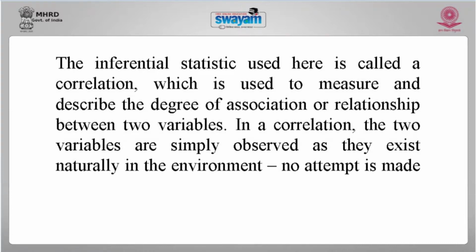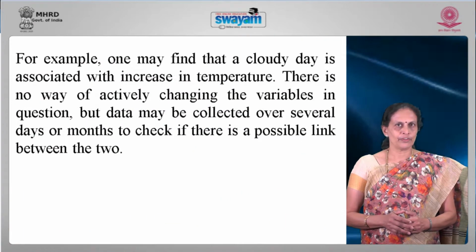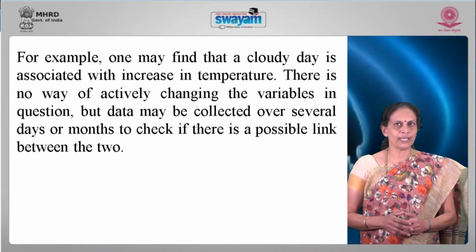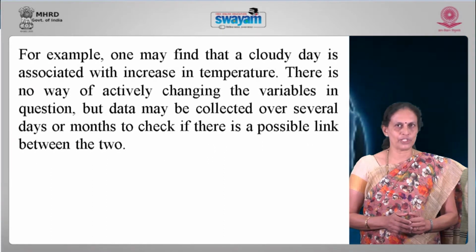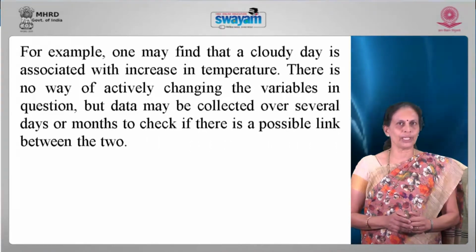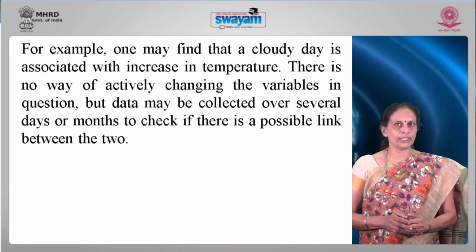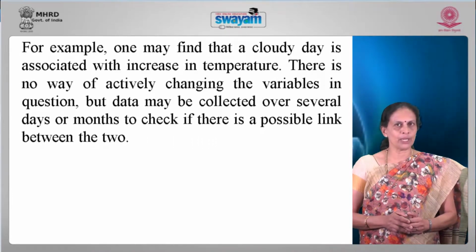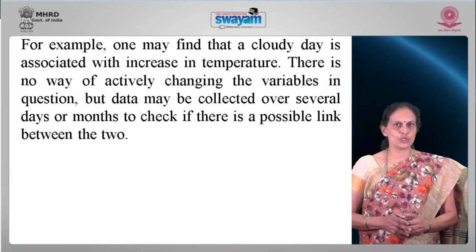No attempt is made to control or manipulate the variables. For example, one may find that a cloudy day is associated with increase in temperature. There is no way of actively changing the variables in question, but data may be collected over several days or months to check if there is a possible link between the two.